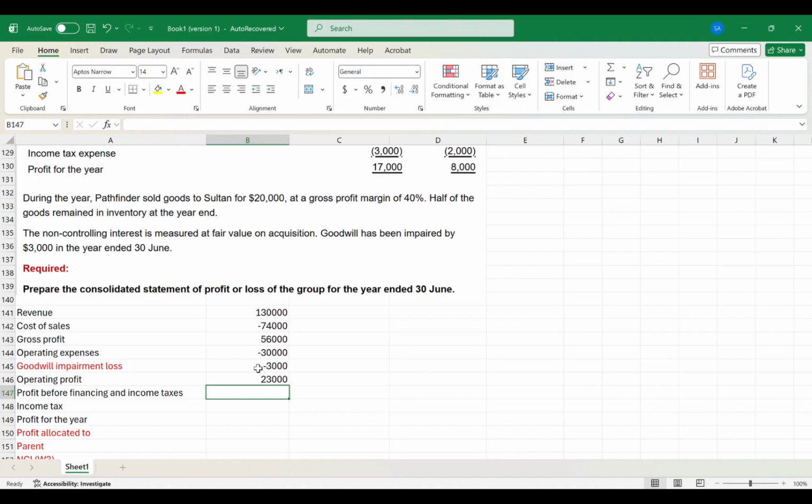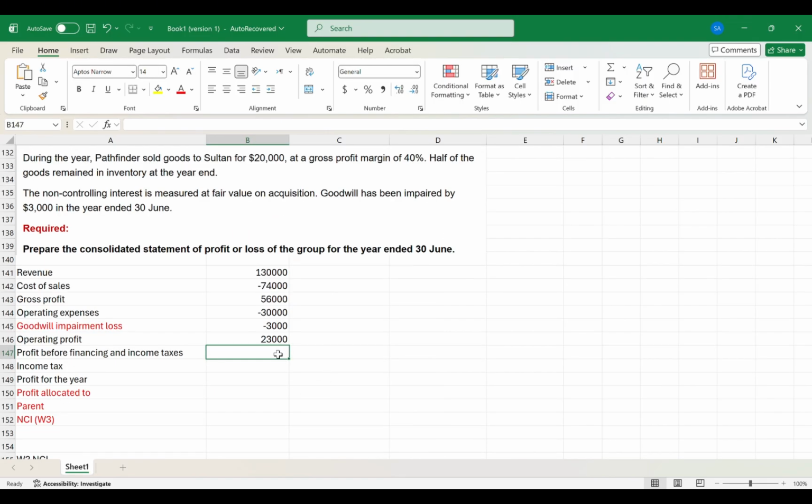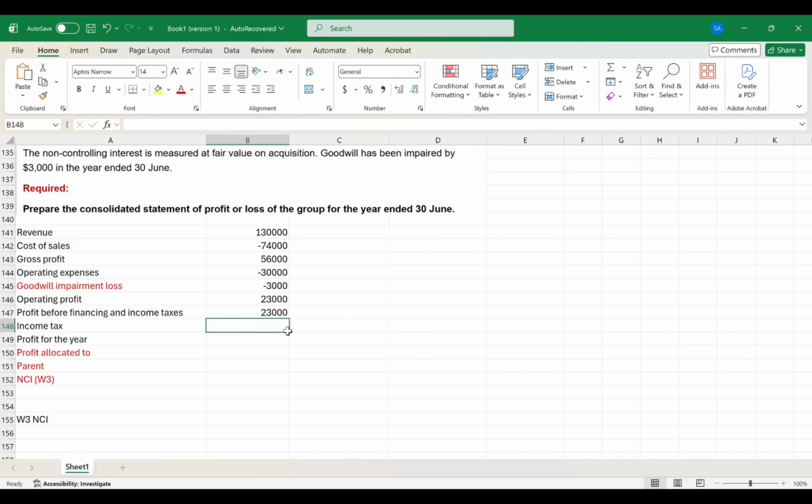And then we have profit before financing and income tax as 20. Is the same. Then income tax is 3 and 2, so 5,000. Again the sum function to get profit for the year, which is 18,000.